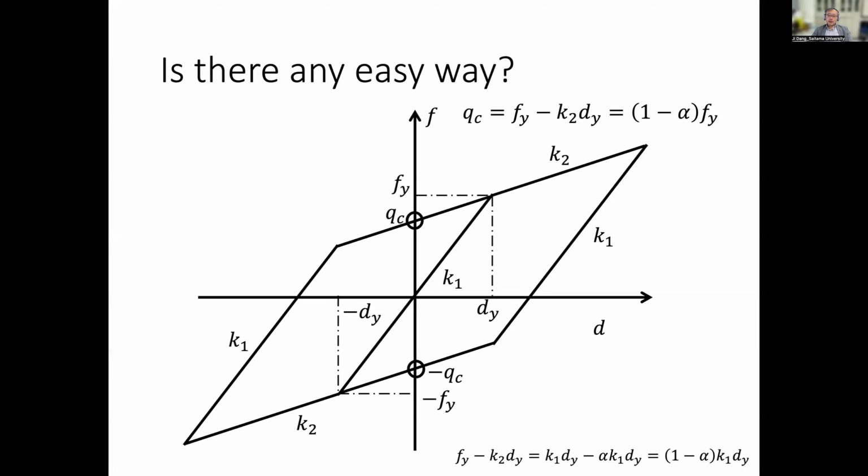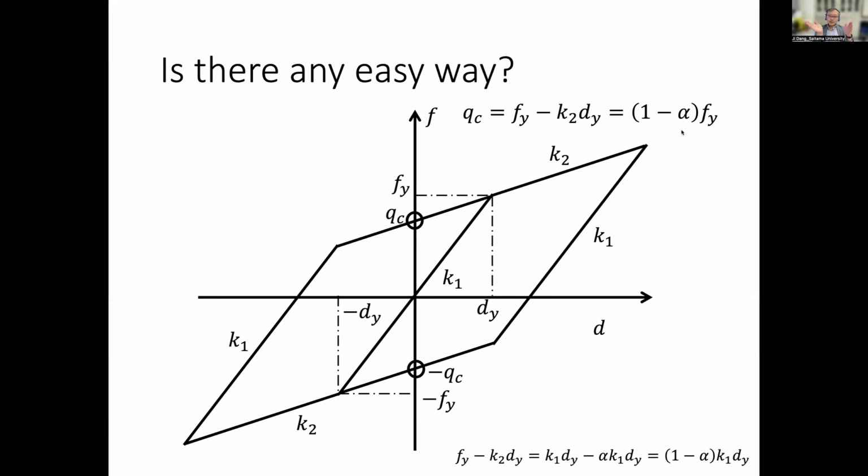So in this kind of alpha equals 0 case, we call this perfect elastoplastic model. So for this model, what is different is everything was changed by the angle of K2, everything rotates the angle of K2.